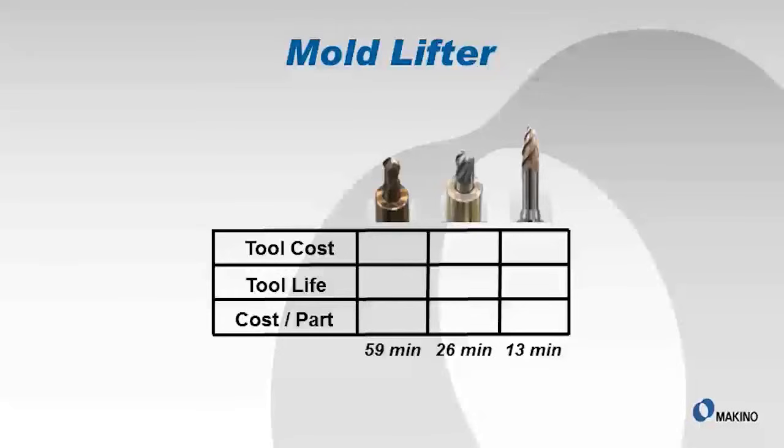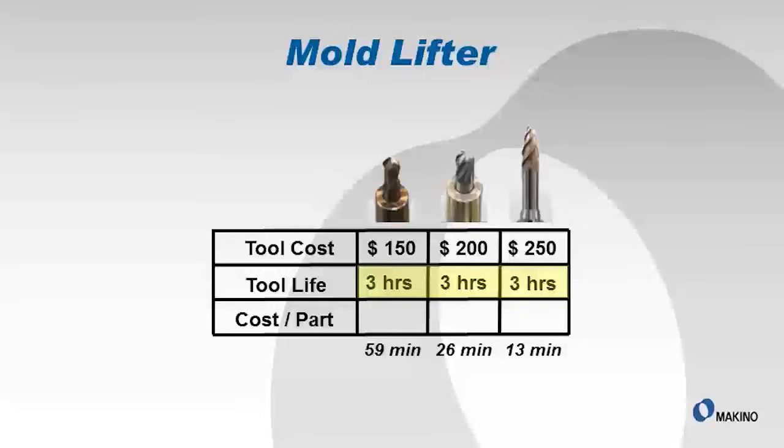Looking at tooling costs, obviously as you go to the second approach and the third approach, the tooling gets more expensive. So you see we've gone from $150 to $200 to $250 on the tooling. The tool life we said was going to be 3 hours on the 2-flute ball-nosed end mill.